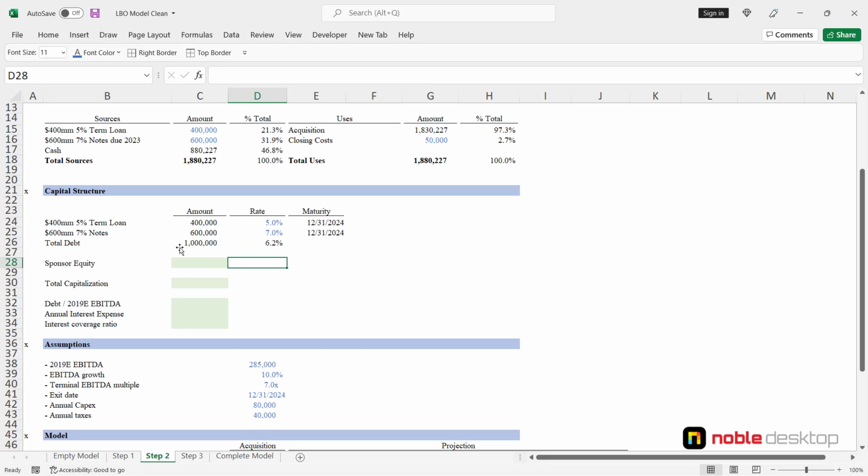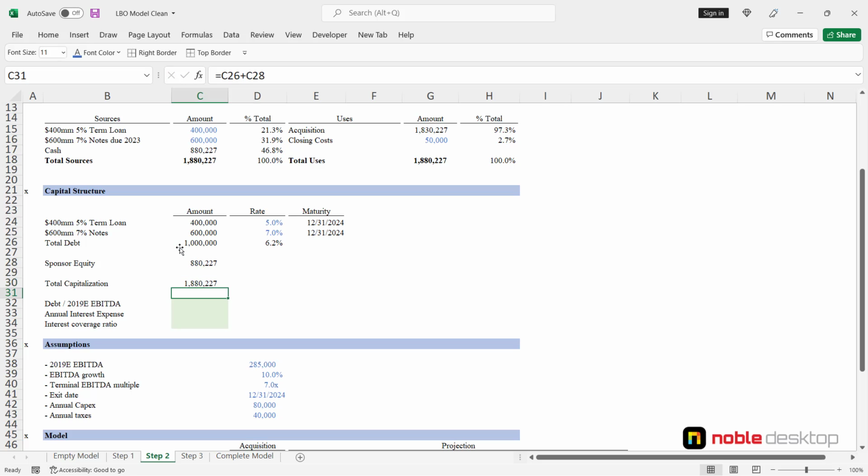My sponsor equity is basically everything else but the debt I took, and it's given to me in the sources and uses of funds table above, so I'm going to grab that in the form of cash. And then my total capitalization would be my total debt plus my total equity.